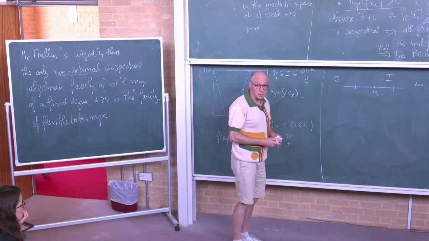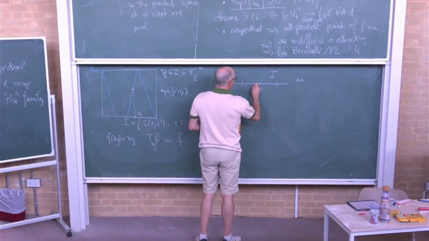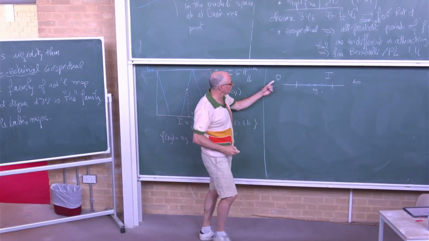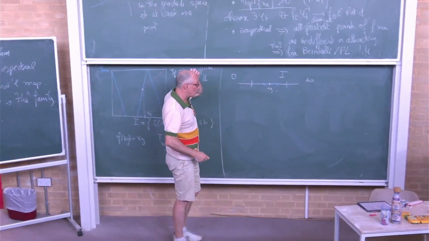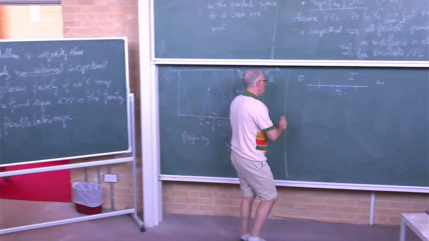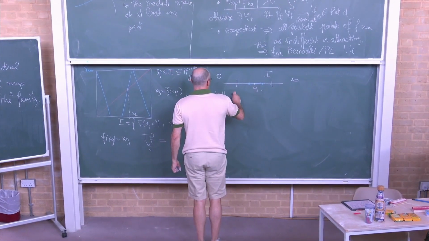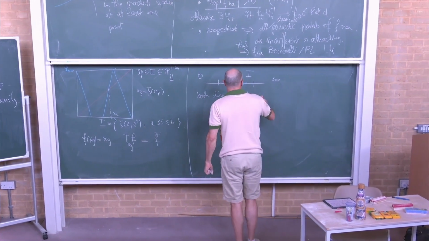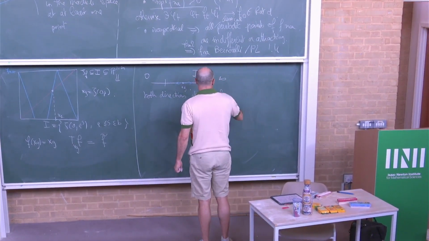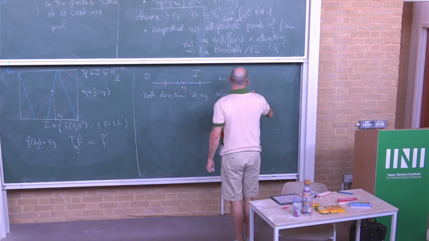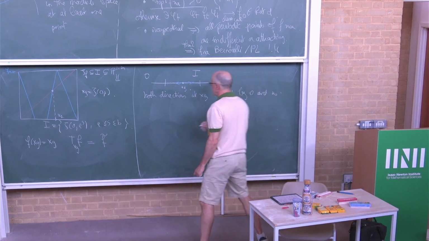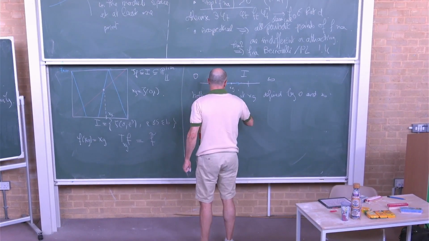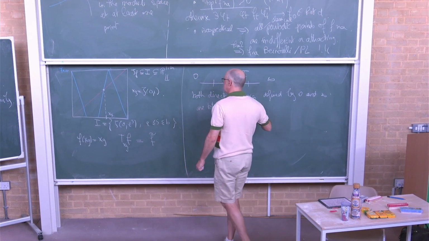In fact, the Julia set is totally invariant, and so you can show that these two directions at xg, the one going to 0 and the one towards infinity, are totally invariant. So both directions at xg defined by 0 and infinity are totally invariant and fixed.